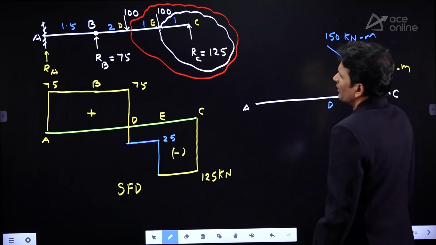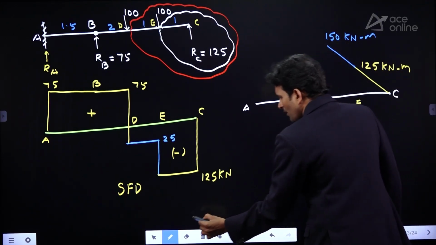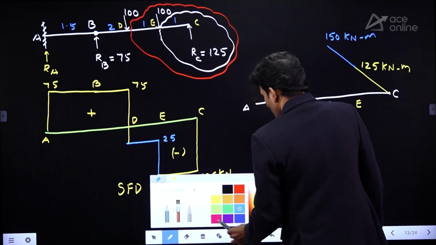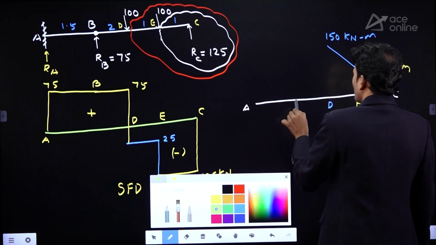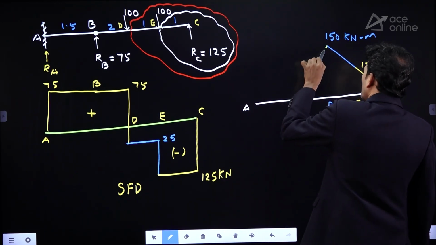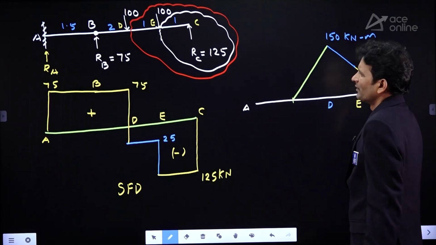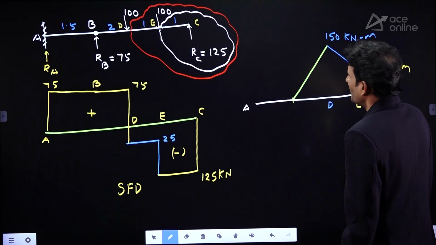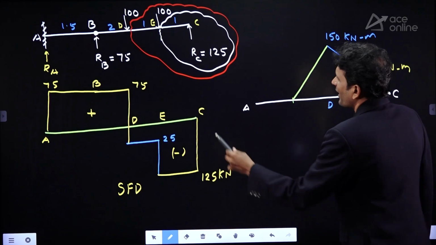Good. Now, when I am taking at B, obviously at B, bending moment is 0. Here I am locating that B. You can take this one. Then what is the bending moment available at A?